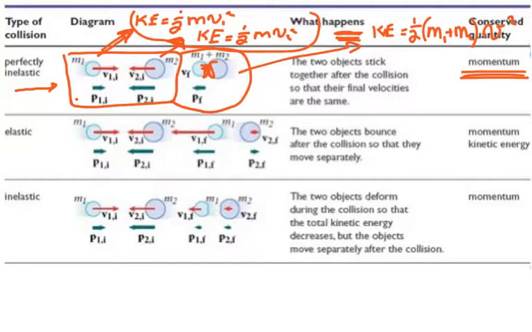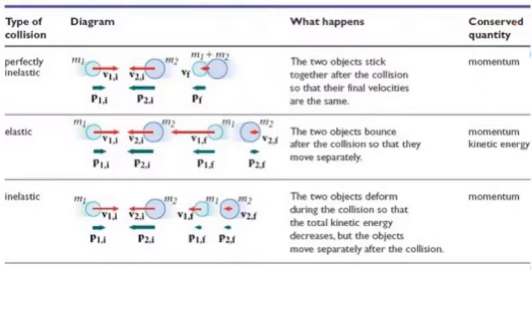And one of the ways to remember inelastic collision: "in" means one gets into another, and perfectly inelastic is when they stick together. The second type of collision is elastic collision. In elastic collision, two objects bounce after the collision so that they move separately.